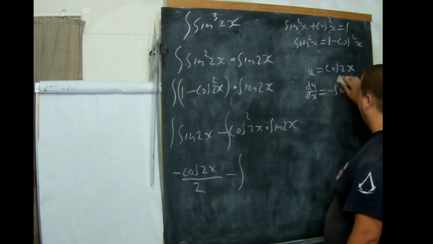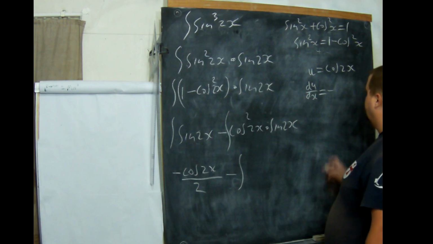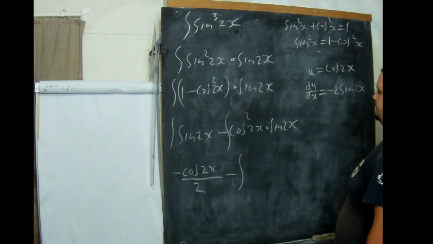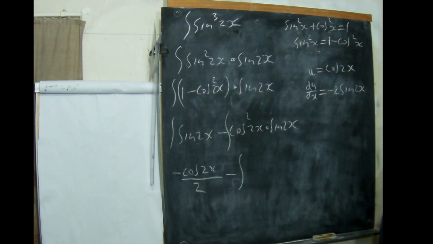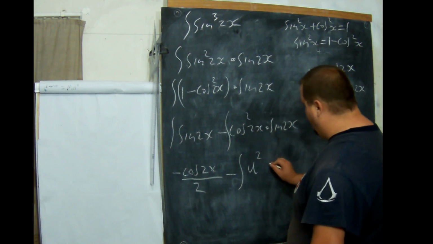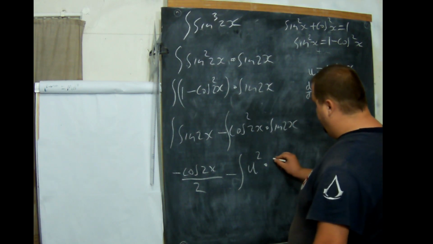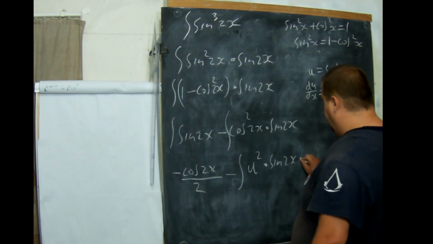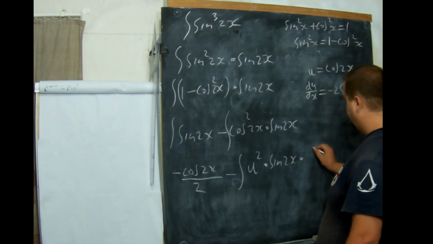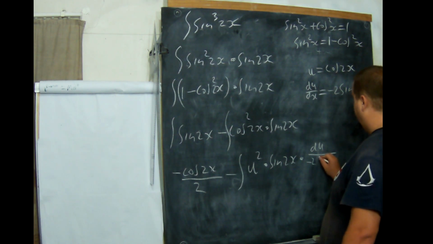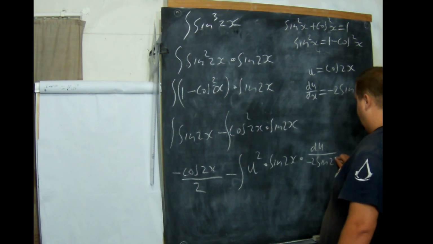Now we've done the differential, so we say u squared times sine 2x multiplied by du over minus 2 sine 2x.